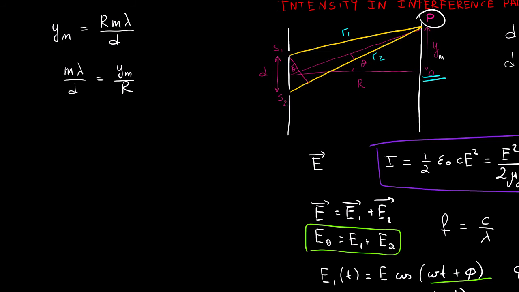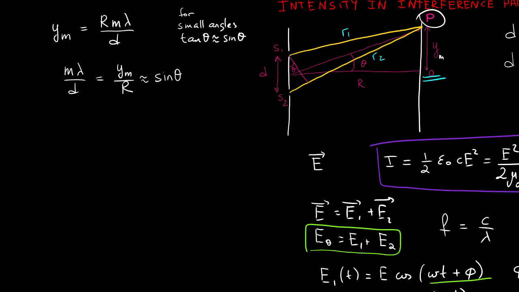If you look at the diagram, y over r will give you the tangent theta, which is approximately, for small angles, sine theta. So only for small angles, okay? For small angles, tangent theta is approximately equal to sine theta.